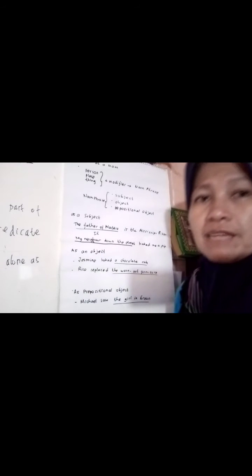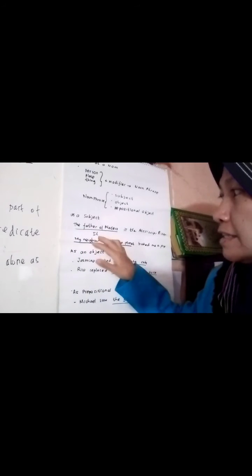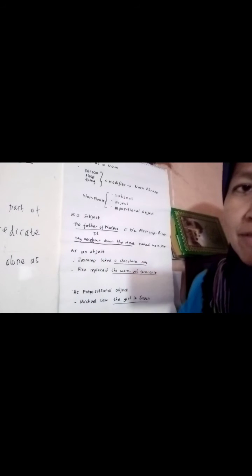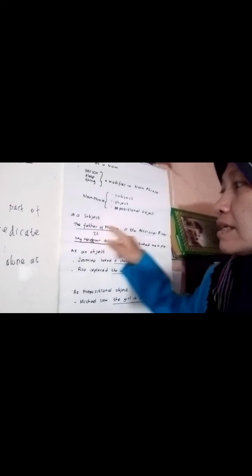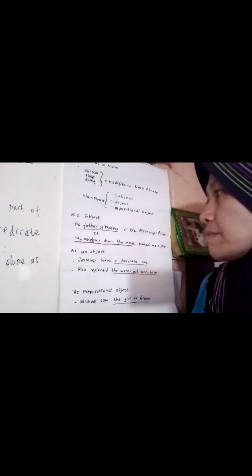I will give an example when a phrase is used as a subject. The father of waters is the Mississippi River. The father of waters, we can substitute it with it, and it does fit the flow, so it is a phrase.